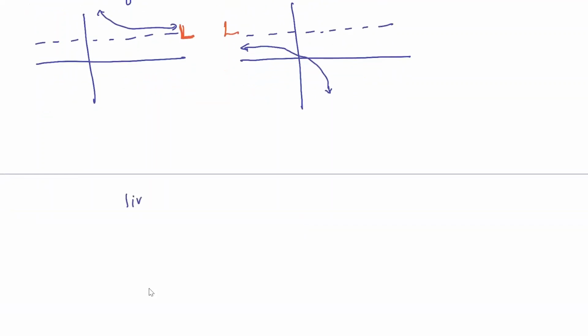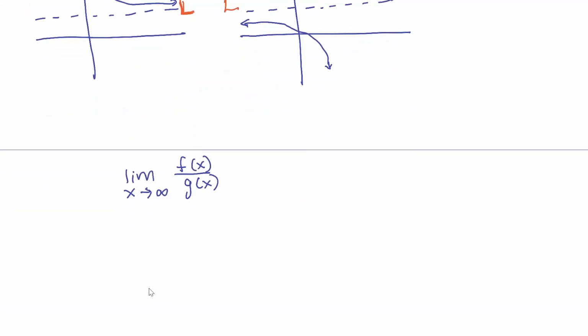in a limits fashion. Okay, so the limit as X goes to infinity of a ratio of two functions, f of X over g of X. Most likely they will be polynomials. So you're looking at f of X and g of X, and you notice the degree of the function on top and bottom. Remember, the degree of a polynomial is the highest power.